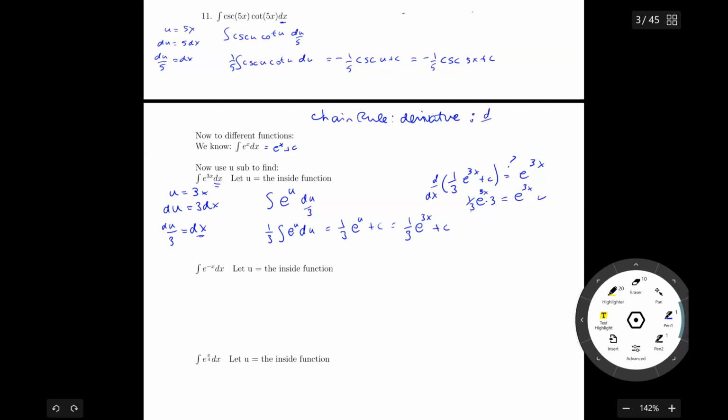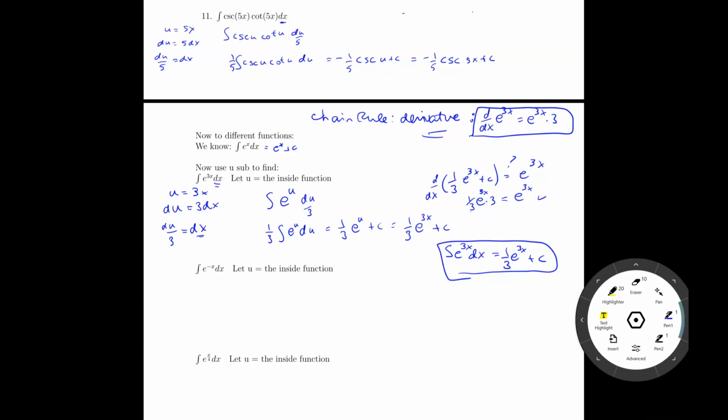So that says that the derivative of e to the 3x is e to the 3x times 3. And so what did we get here for the integral of e to the 3x? So we found that the integral of e to the 3x turned out to be 1/3 e to the 3x plus c. So there's quite a big difference, right? This is the derivative. This is the antiderivative.